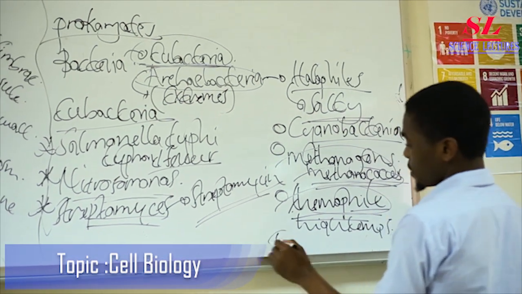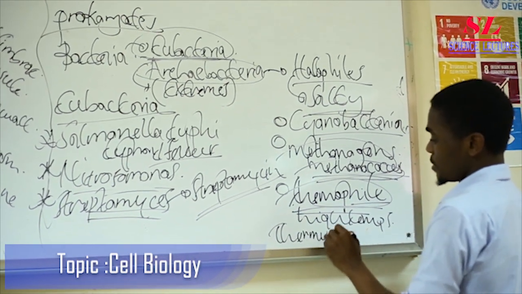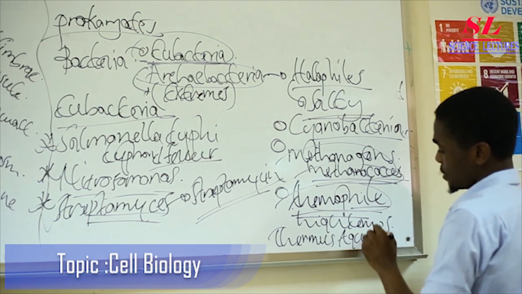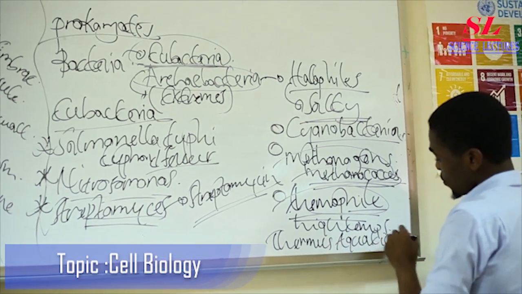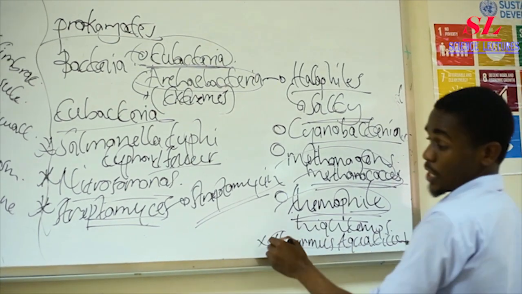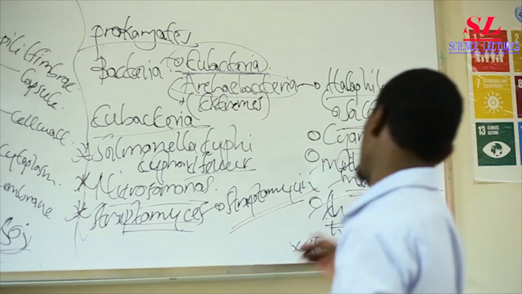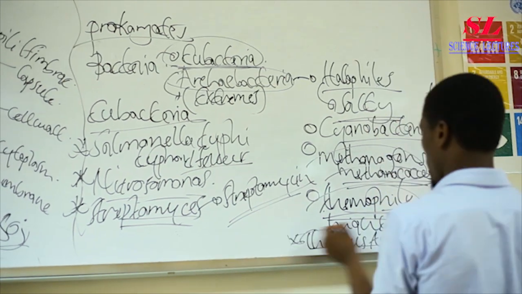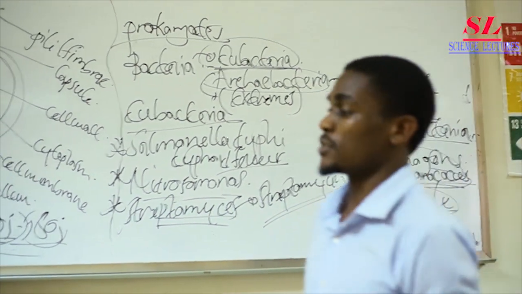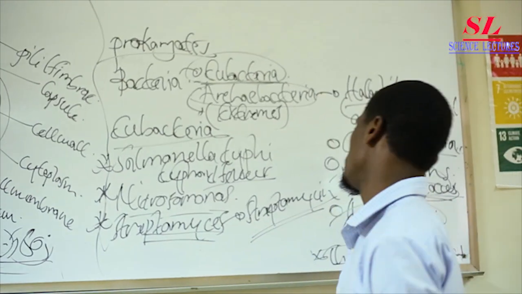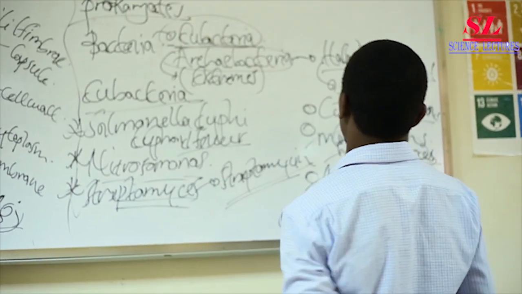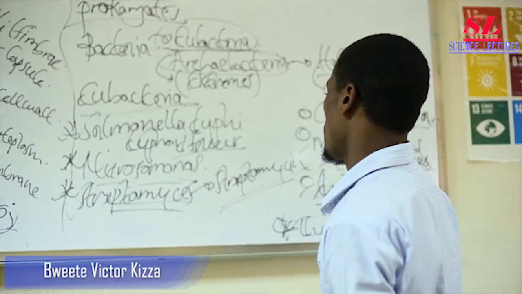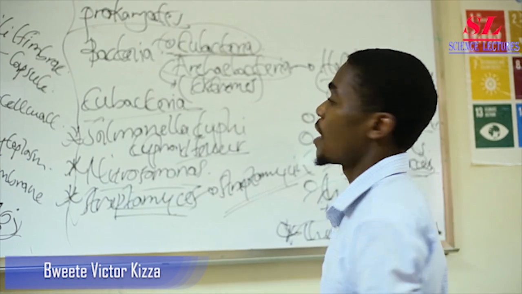The example of this bacteria can be Thermus aquaticus. So this one lives in extremes of temperatures, very high temperatures. But this one is very important in the field of molecular biology because it can be used in synthesis of more copies of DNA artificially. We can manufacture DNA artificially using this Thermus aquaticus.